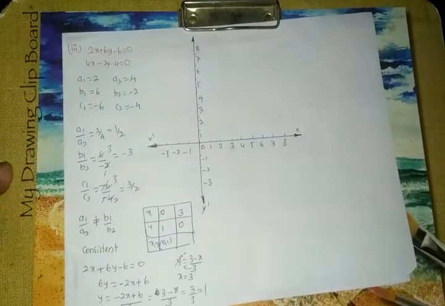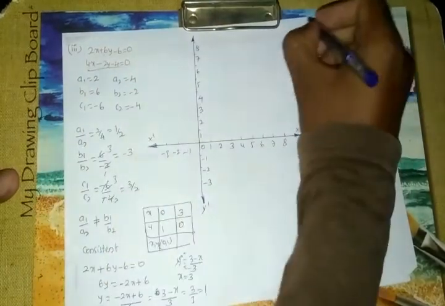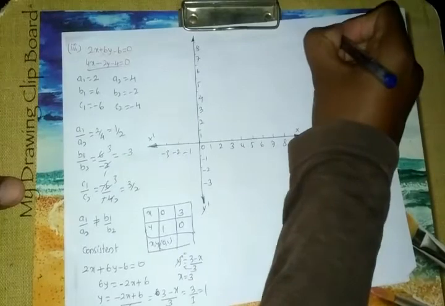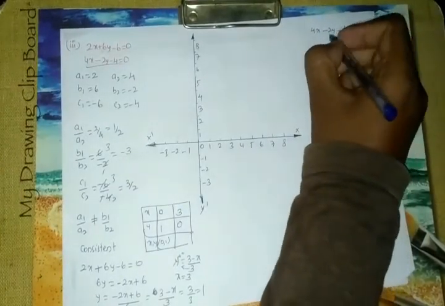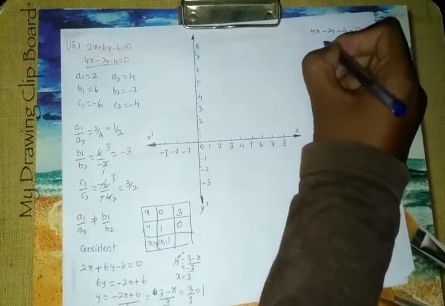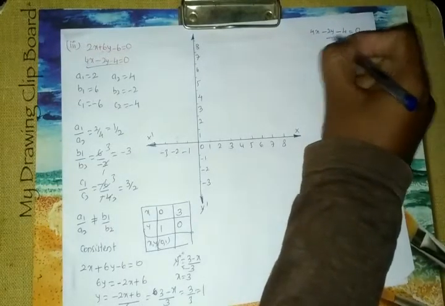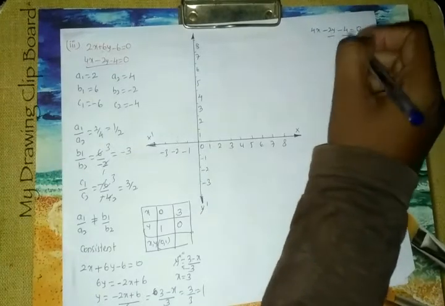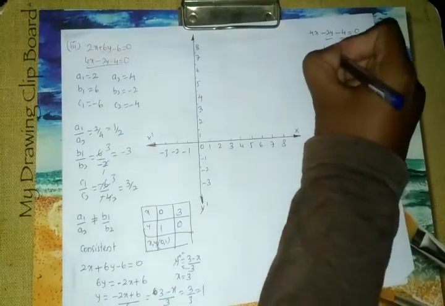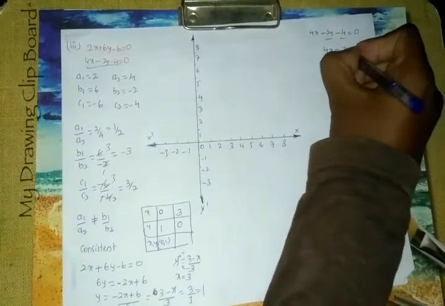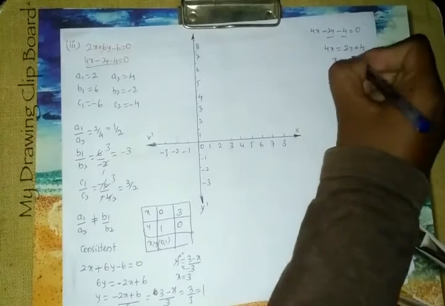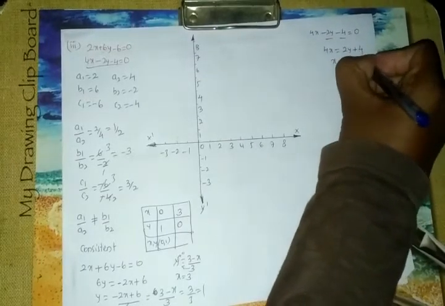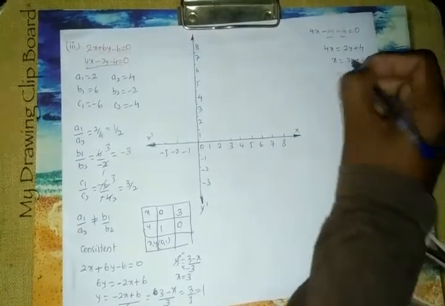Okay, now let me take one more equation, which is 4x minus 2y minus 4 equals 0. Sending all other things to RHS, I will be getting 4x equals 2y plus 4, or x equals (2y plus 4) divided by 4.